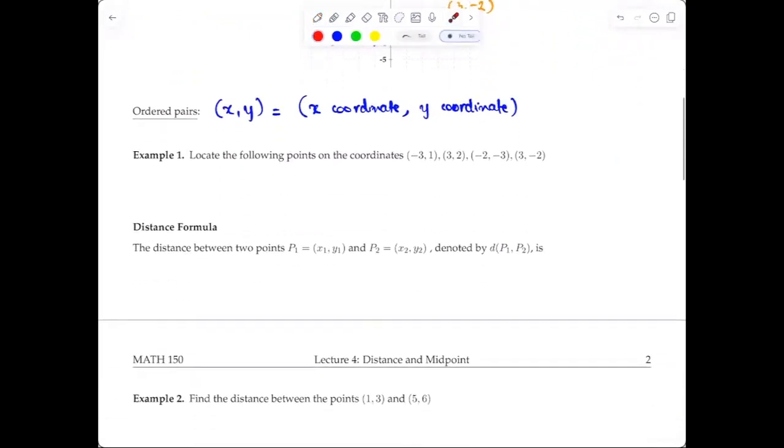The distance between two points (x1, y1) and (x2, y2), usually denoted with a little d, is equal to the square root of (x2 minus x1) squared plus (y2 minus y1) squared.